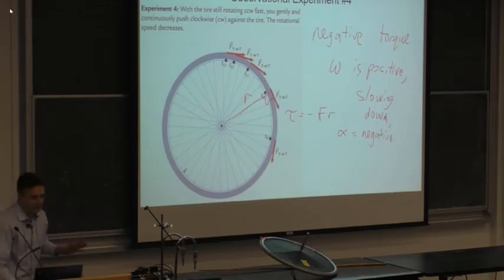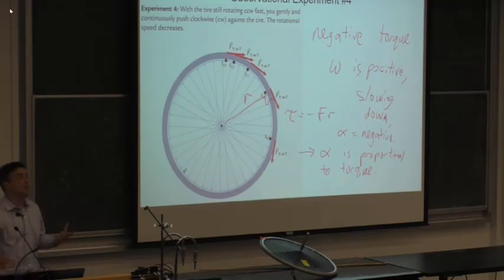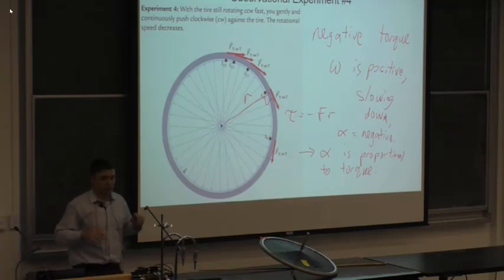So what we're trying to get at here is the idea that torque is proportional to angular acceleration, or say alpha is proportional to torque. If something has some angular acceleration, then it must be experiencing some external torque.